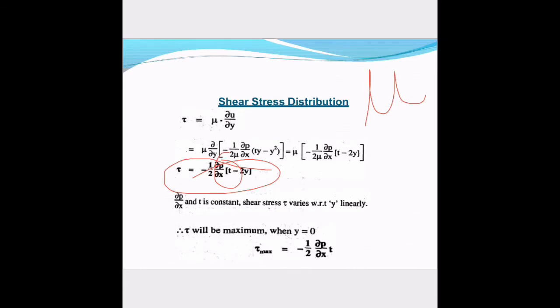Put 0 in place of y, then you get shear stress equal to minus half del p by del x into t. So it will be the maximum shear stress, and I will let you know where this maximum shear stress occurs between two parallel plates.